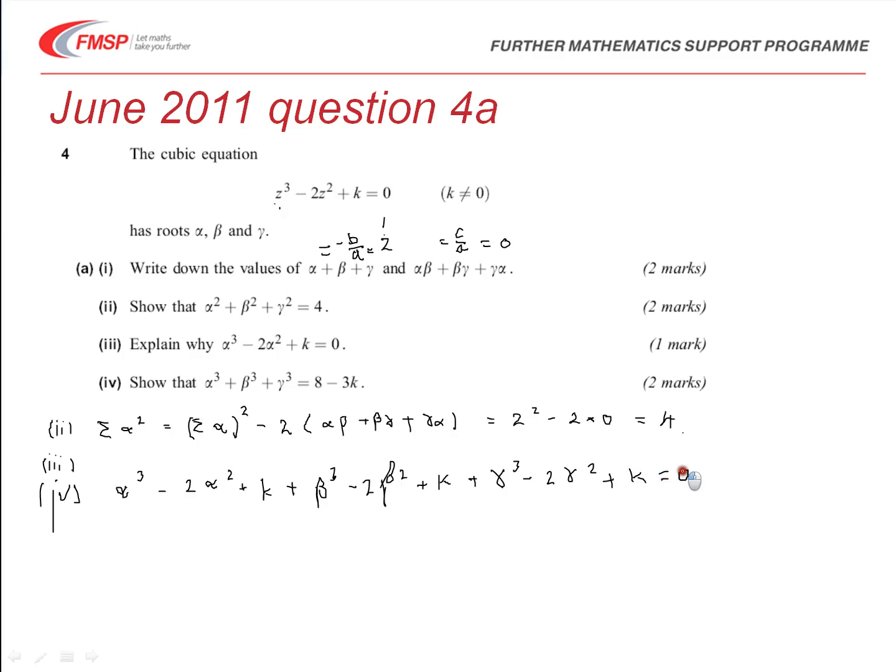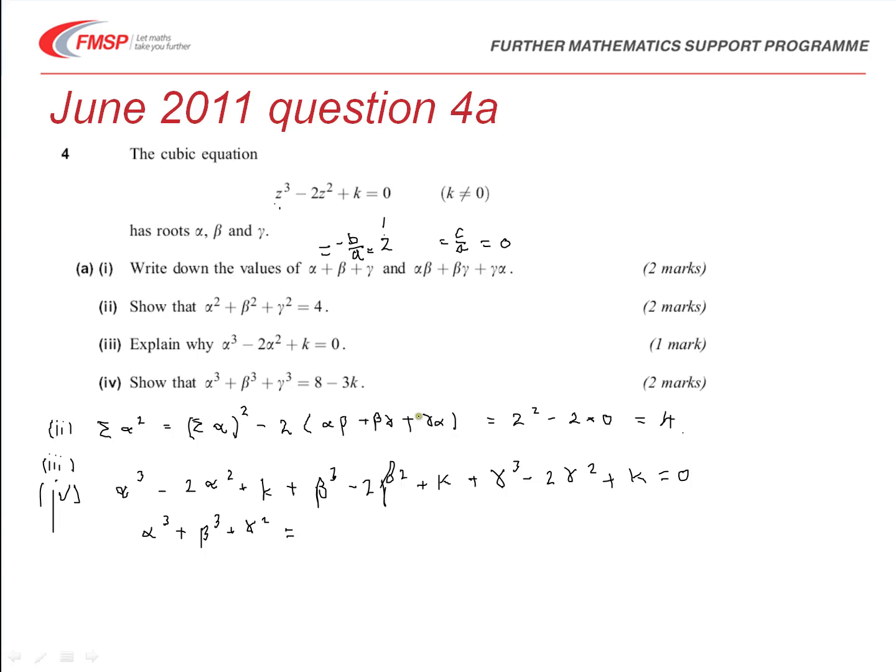So if we collect the terms together, what have we got? Well, we've got alpha cubed and a beta cubed and a gamma cubed as required from each part. And if we take the remaining terms across to the other side, we can see we've got 2 alpha squared and a 2 beta squared and a 2 gamma squared all heading across to the other side.